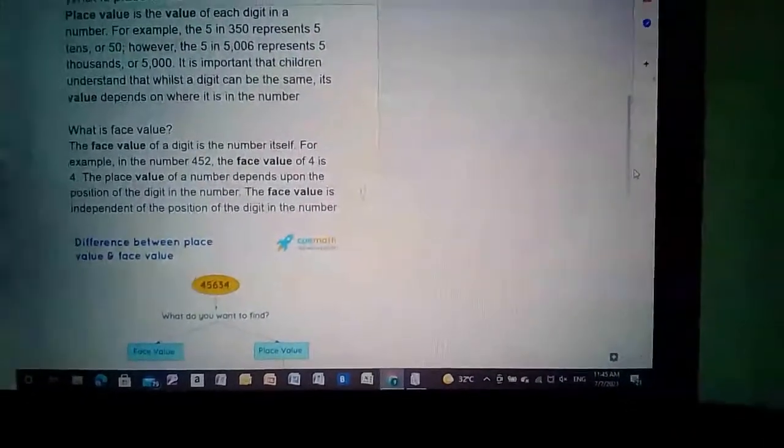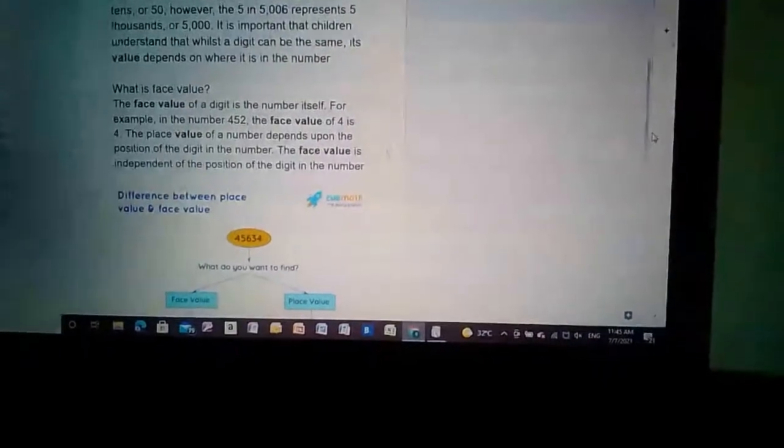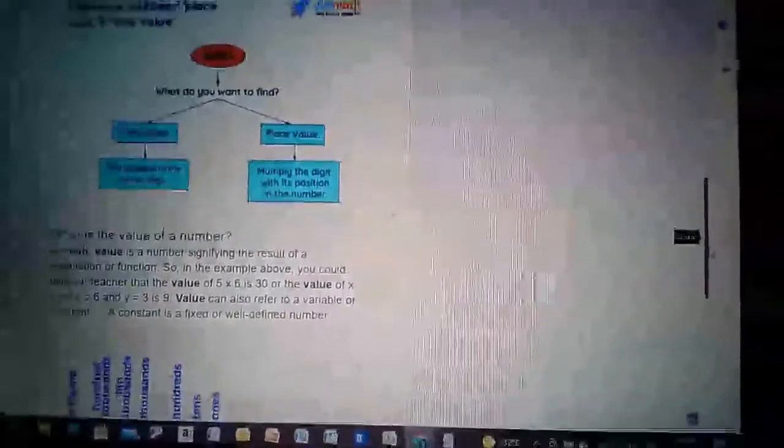Difference between place value and face value. Let me put this graph up a little so you can see what I am seeing. What do you want to find? In this digit, a 5-digit number, thousands and 10,000s. What do you want to find?